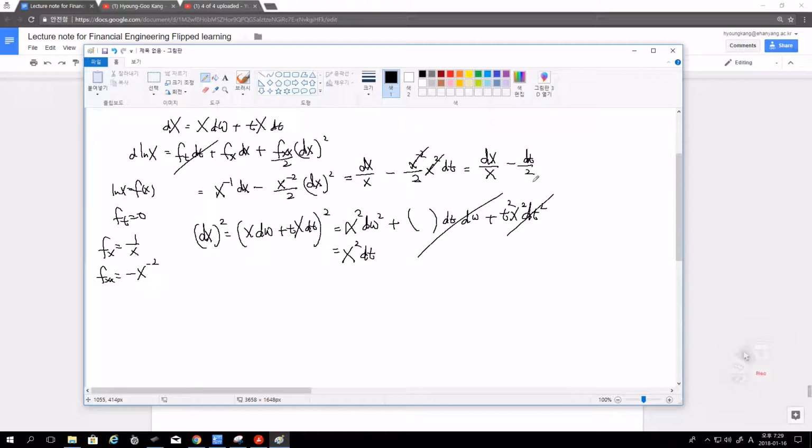Am I right? It should be. So d log X equals dx over x minus dt over 2. Okay, we showed this one.